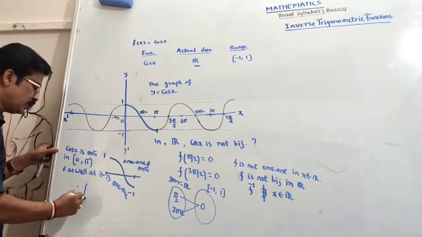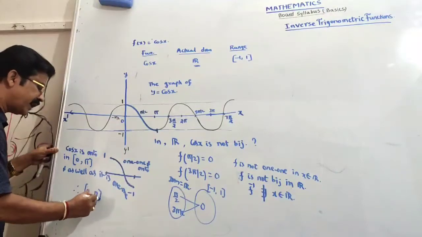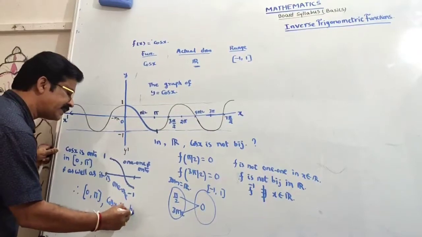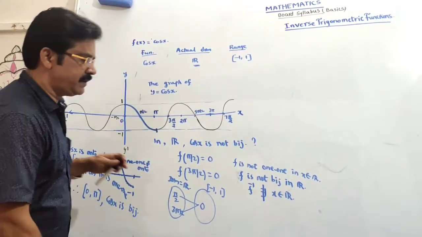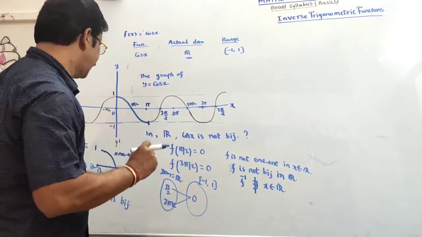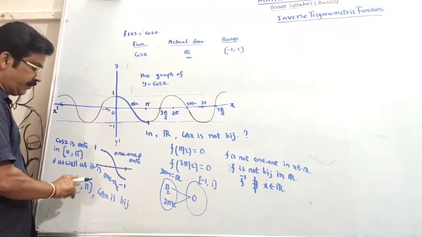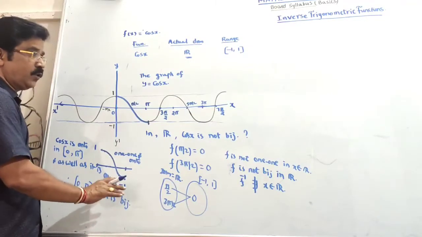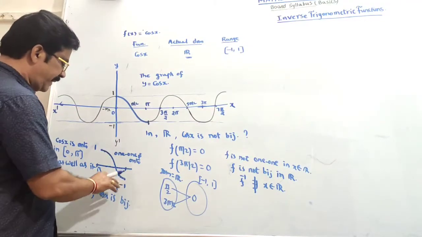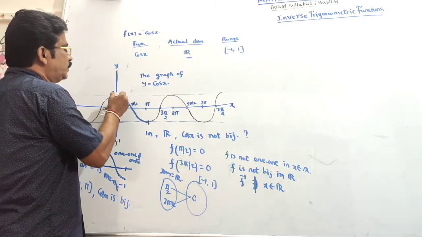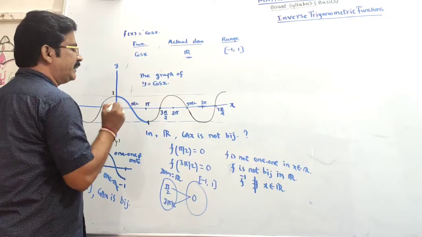Therefore in the closed interval of 0 comma pi, cos x is bijective. We can have another doubt: sir, is it bijective only in the closed interval of 0 comma pi? Is there no other interval for bijectivity? You can ask me like that. No, 0 to pi in this area it is bijective.